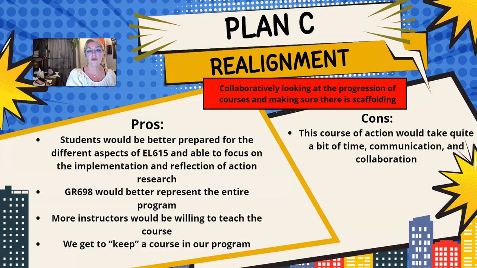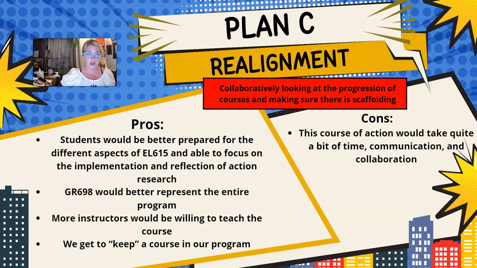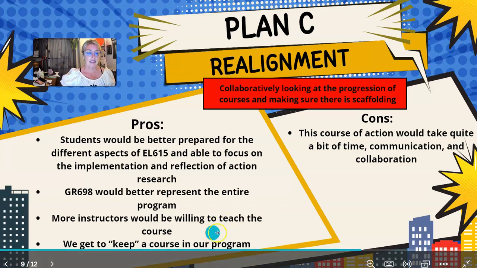Yes, they're talking about the research that they did in 615, but 615 is representationally produced from everything they learned up until that point. Again, more instructors will be willing to teach the course because the students are coming in with the knowledge that they need. And again, we get to keep the course in our program.